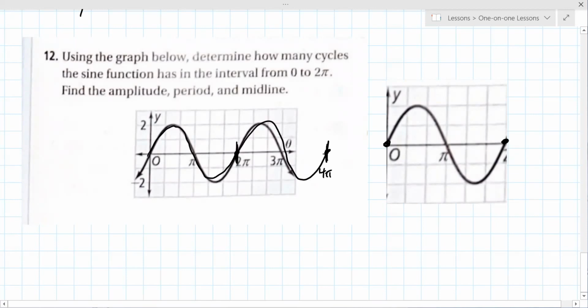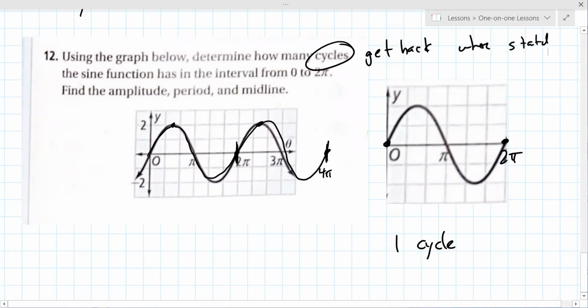But in 2 pi, because this is 2 pi here, it actually only does 1 cycle. So a cycle means to get back where you started, like I started here and I come back down and come back up.